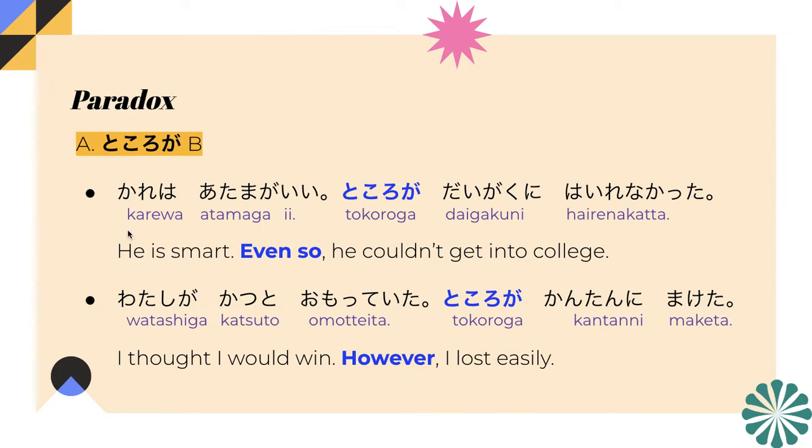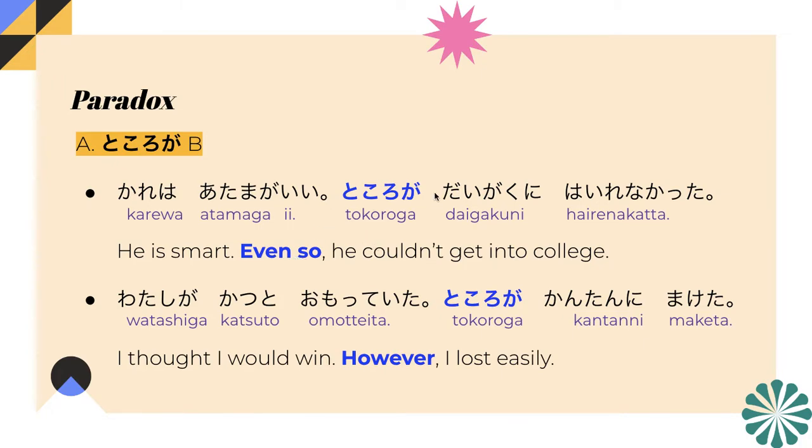To say this in Japanese, it would be 彼は頭がいい。ところが大学に入れなかった。So the first statement, A, is 彼は頭がいい。He is smart.